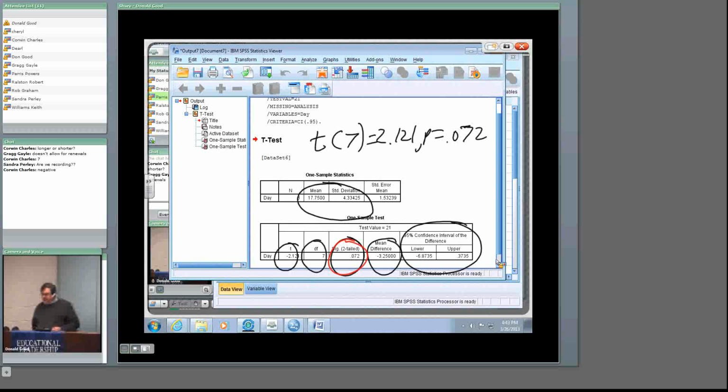If it's not, we don't have a significant difference. So I am inclined to write, and this is just a good quirk, I like to write comma NS. I just write not significant so we don't miss that.